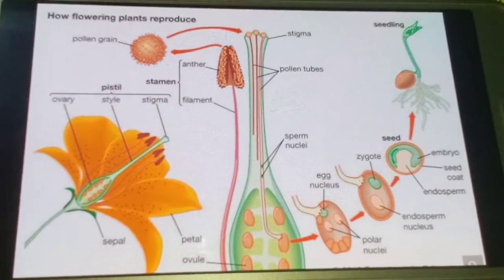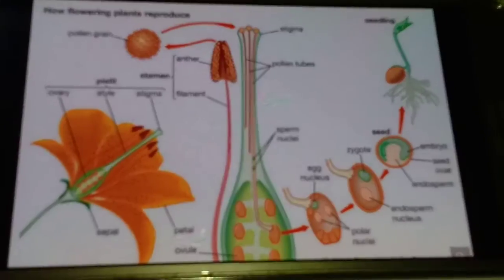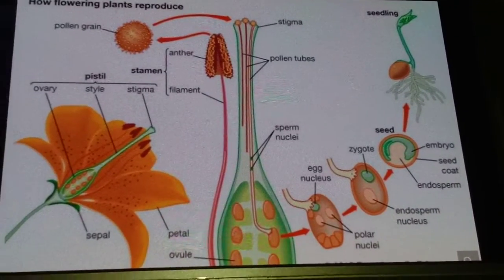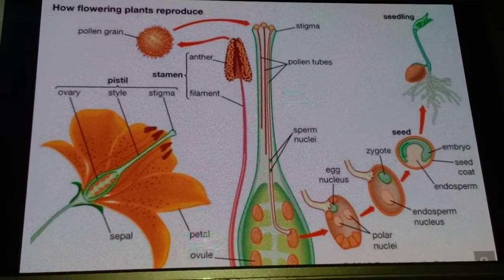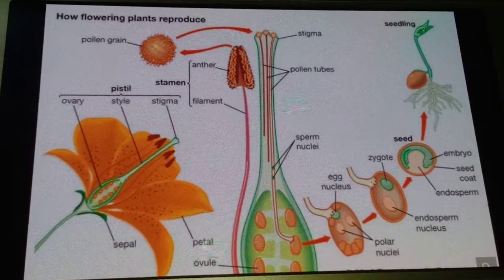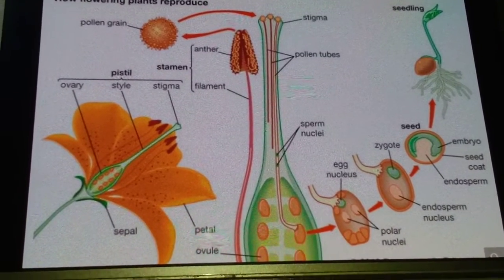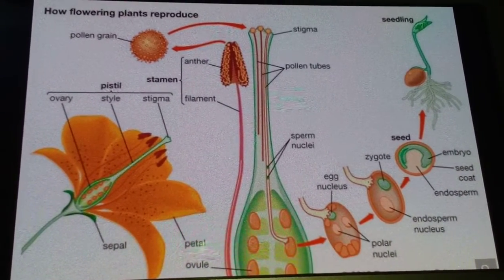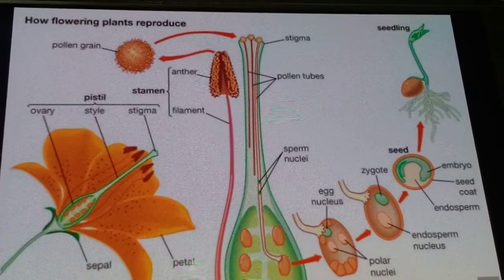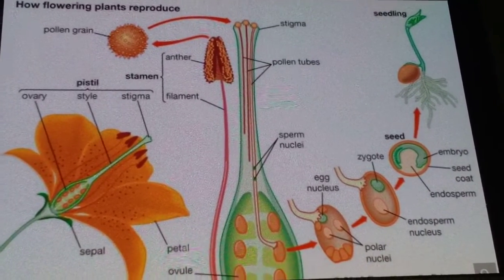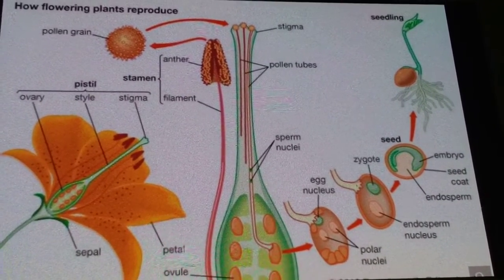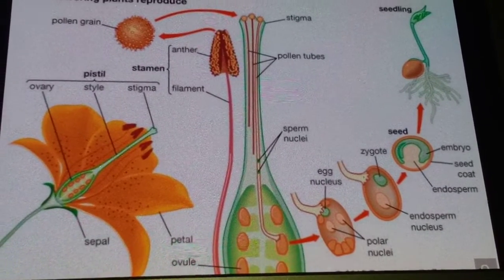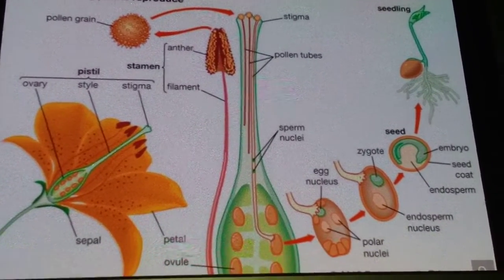Now, I'll tell you about the process of pollination. Plant reproduction happens only when the male gamete contacts the female gamete. Pollination leads to fertilization. It occurs in the following five steps.